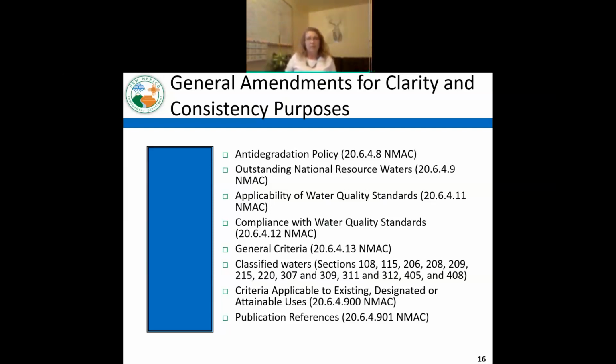And as can always be expected in a triennial, the department's proposing to amend references just to be consistent with the most current versions of these documents.